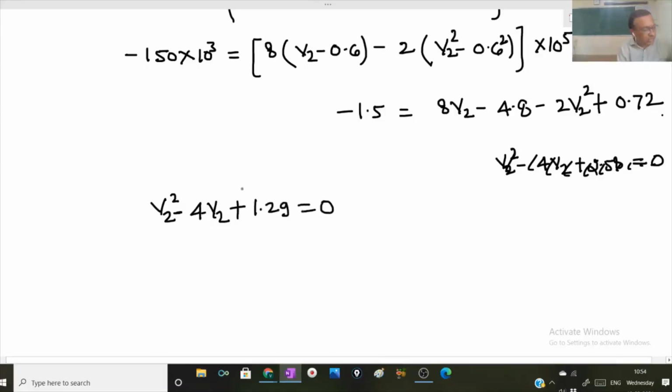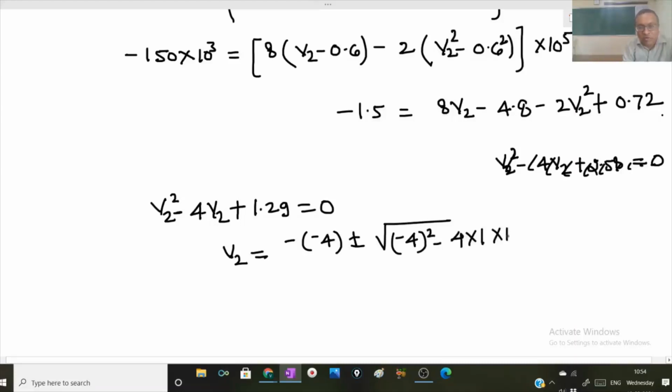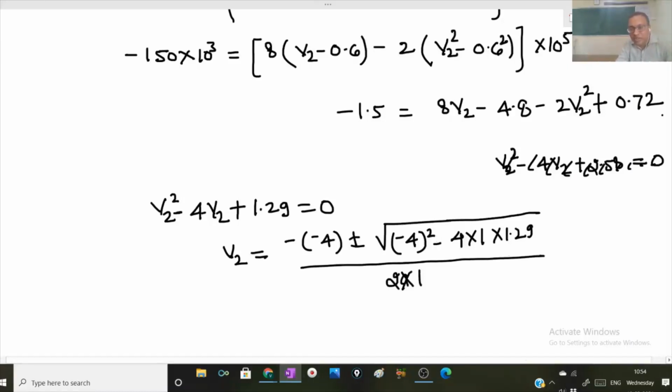So please solve this equation and tell me the root values. V2 will be minus B plus minus square root of B square minus 4AC, that is 4 square minus 4 into 1 into 1.29, divided by twice into 1. So this is the method to solve the quadratic equation.